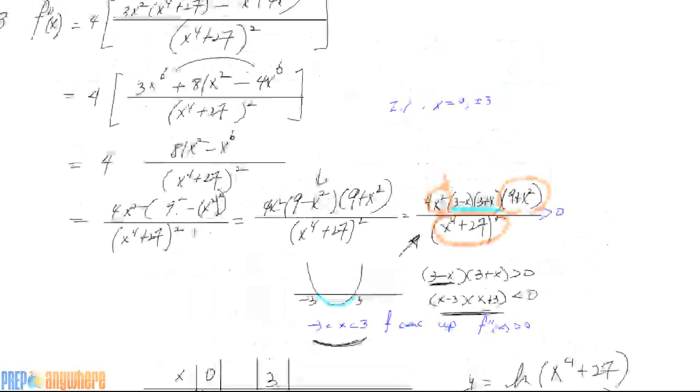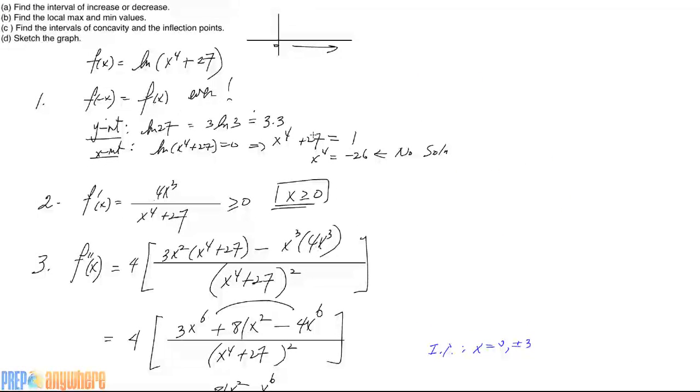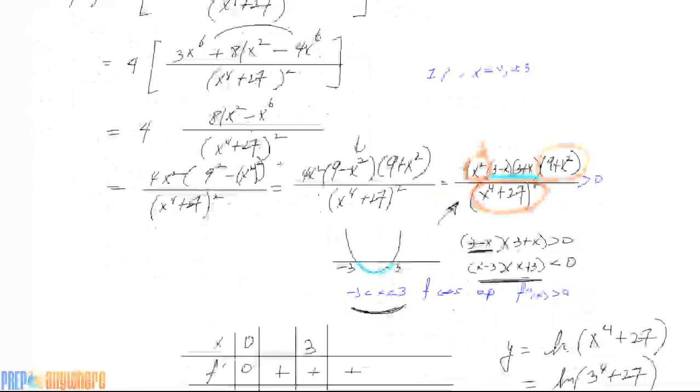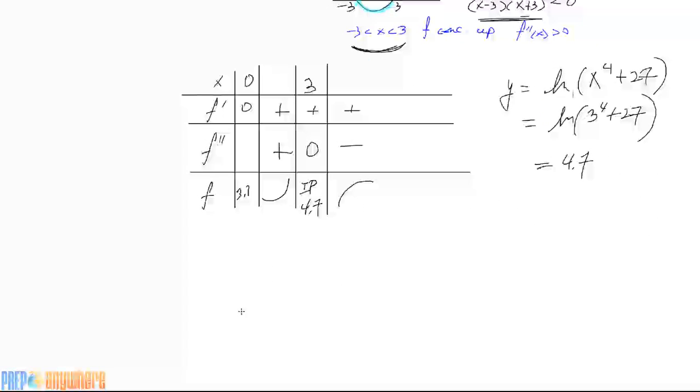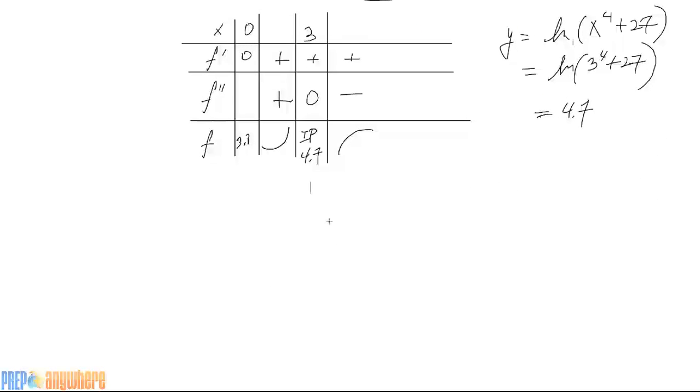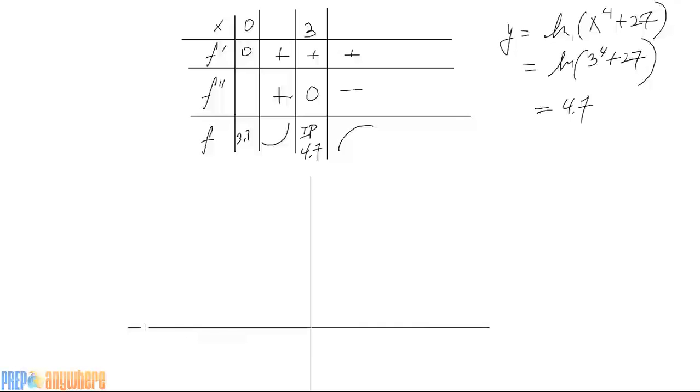Now, when x was equal to 0, we had the y-intercept. It was 3.3. Okay. Remember, it's not touching the x-axis, so it's got to be purely above the x-axis. Let's make the 3.3 a little bit higher. Let's say that's 3.3, and 4.7 will be about there.